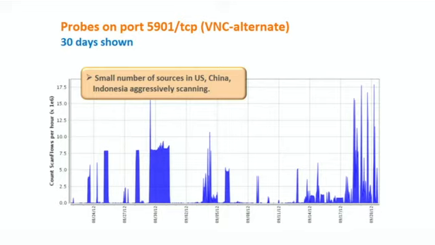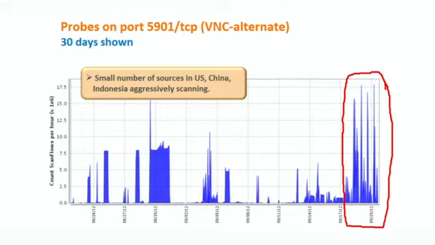So we've seen an increase in activity over the past few days here, and it's not a lot of sources, but the few sources that are engaged in it are very aggressive. Their sources are in U.S., China, and Indonesia primarily, and the scanning is pretty aggressive in little peaks during periods of time.